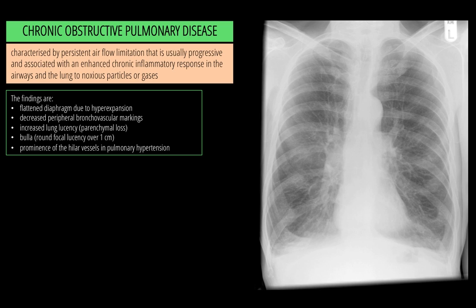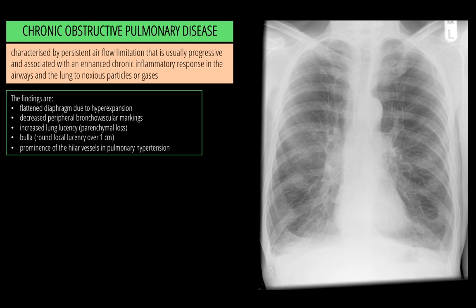This represents a wide spectrum of obstructive airway diseases, and it includes two key components, which are chronic bronchitis, so small airways disease, as well as emphysema. The key finding associated with COPD is going to be enlargement of the lung fields due to hyperexpansion.